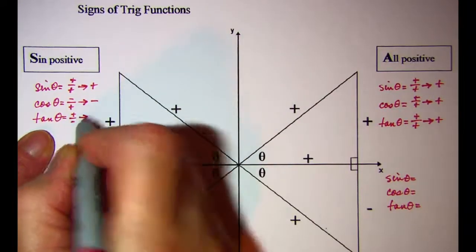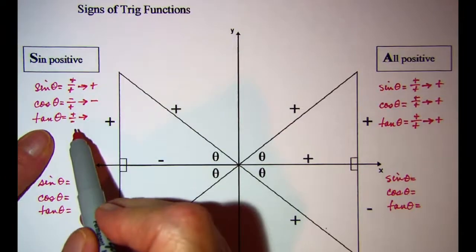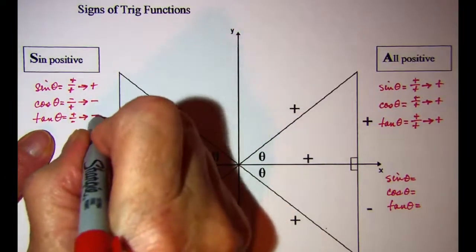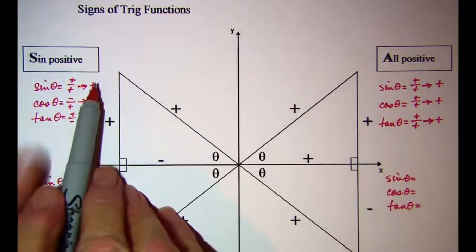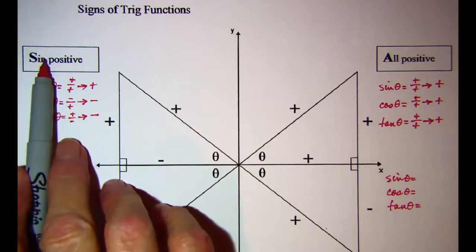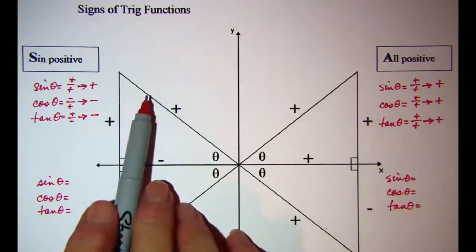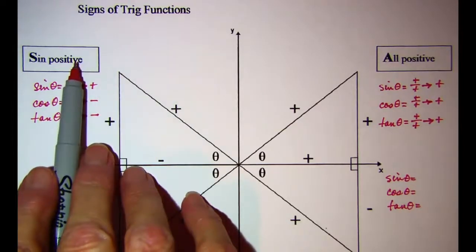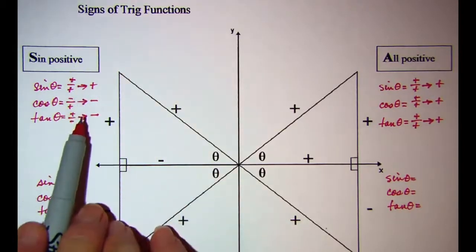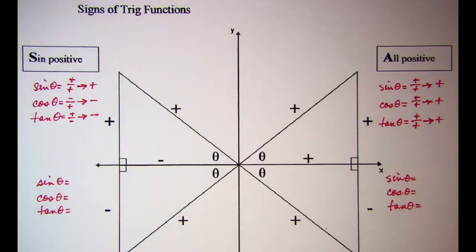And again, anytime you have a positive divided by a negative, you'll get a negative answer. So I've made the note then that if my reference angle is in quadrant 2, the sine will be the only positive trig function out of our 3 main trig functions.